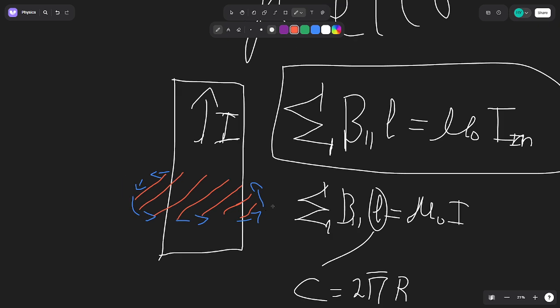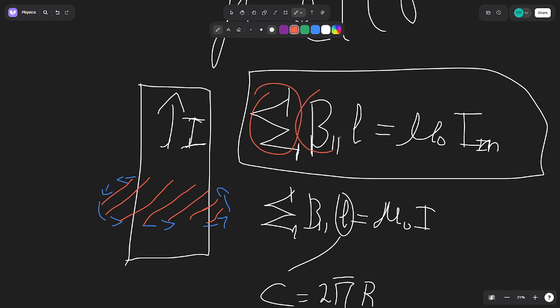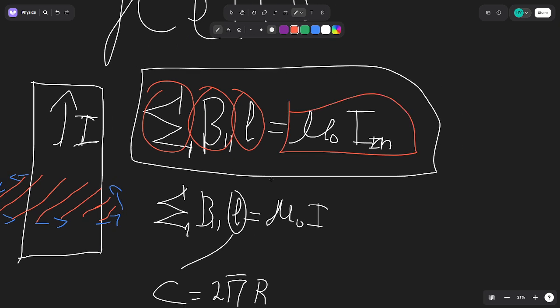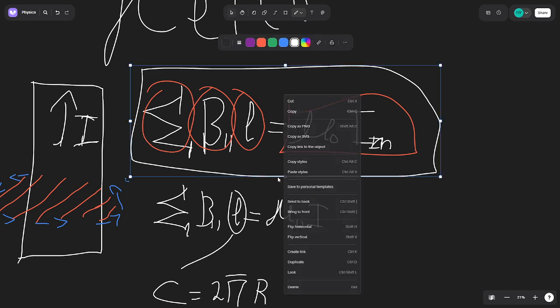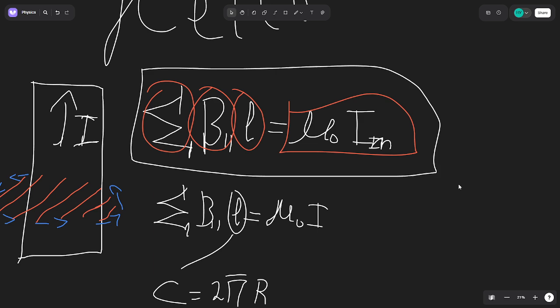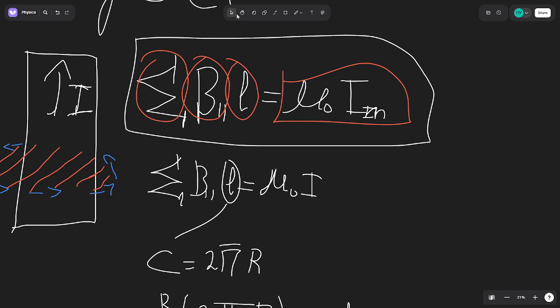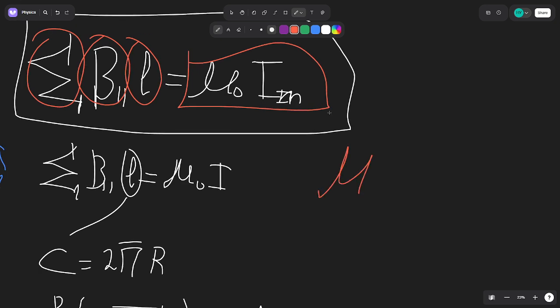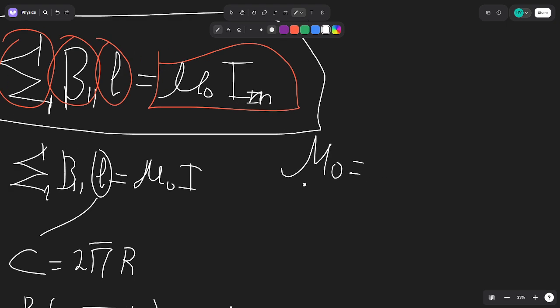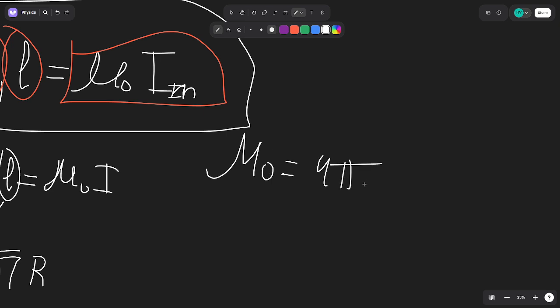And we can find the sum of the magnetic field and the length where it travels, like permeability of free space times induced current. The permeability of free space is a constant, and we need to know that it equals 4π times 10 to the negative 7.